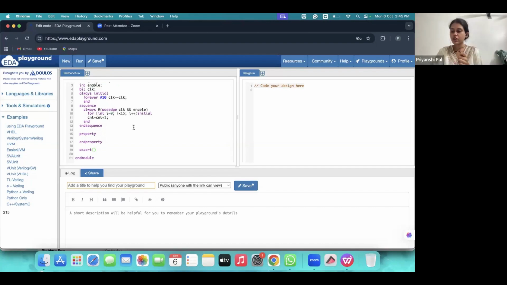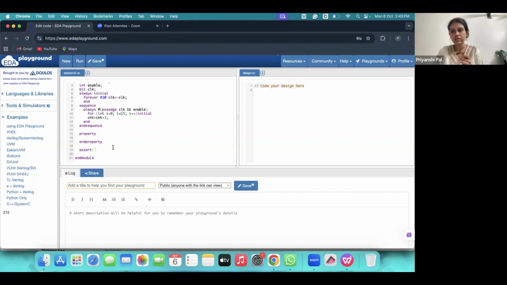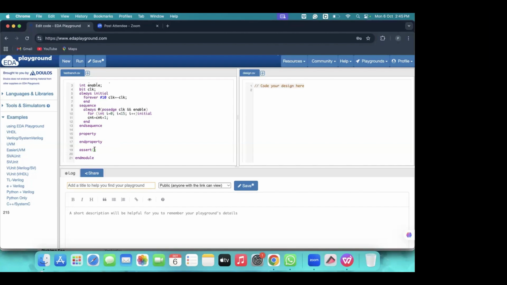I was confused about how I'll access the posedge of the clock in assert. I can write this entire code in one line. Yes, in assert property in brackets you can write at the rate posedge clock.